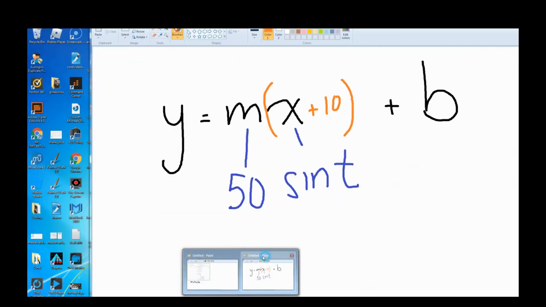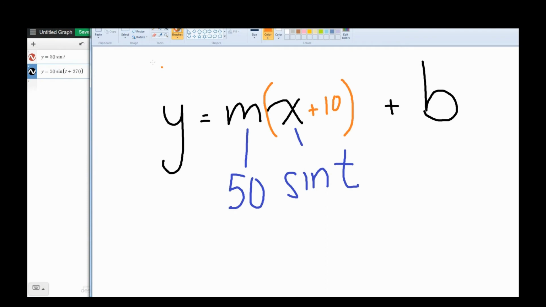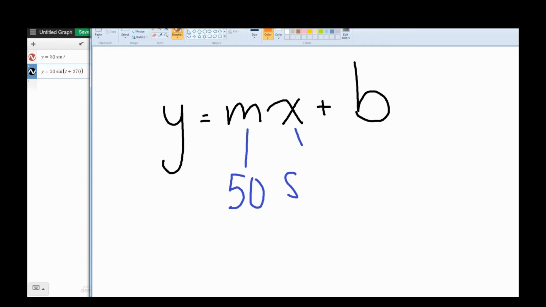So if we go back to this, I'm going to take away all this stuff and put it back to the way you're used to seeing it. What will happen if we take a function and we put a b value in? What's the only thing it does to the line? It shoves it up or down.